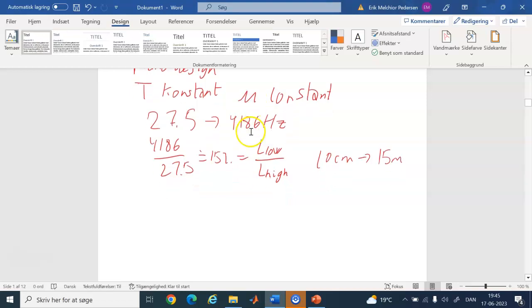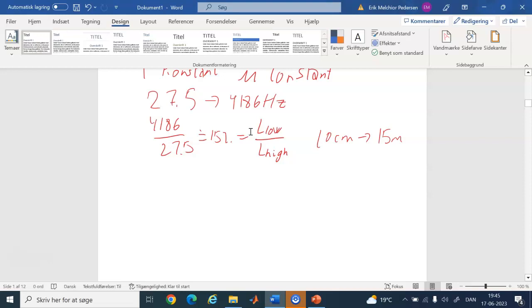You can also keep L and density constant. What then?